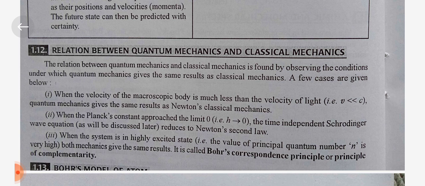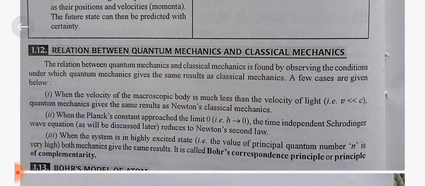The relation between quantum mechanics and classical mechanics is found by observing the conditions under which quantum mechanics gives the same result as classical mechanics. When the velocity of a macroscopic body is much less than the velocity of light, quantum mechanics gives the same results as Newton's classical mechanics.